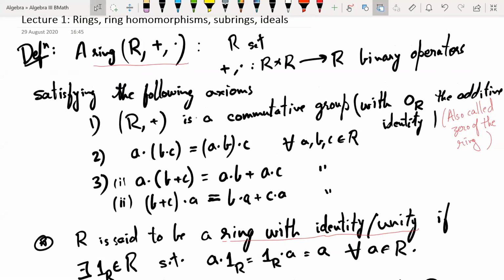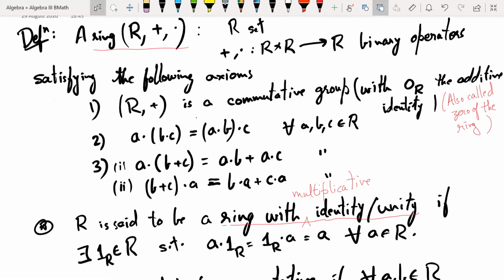Most of the rings we'll study will also have an element called the multiplicative identity, or unity, so a ring with unity. Sometimes "multiplicative" is dropped; identity usually means multiplicative. For the additive identity, we just call it the zero of the ring.